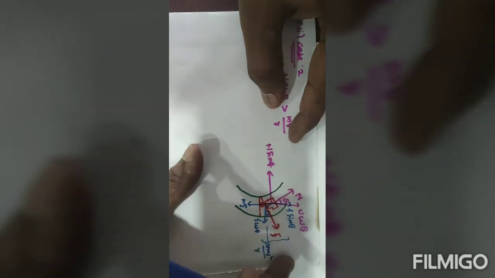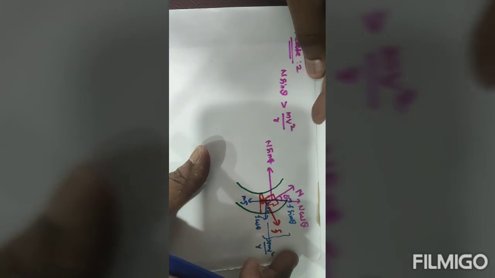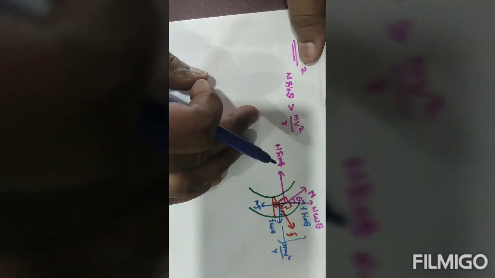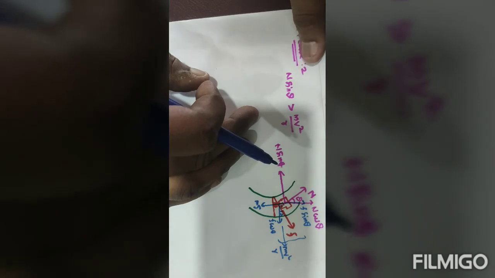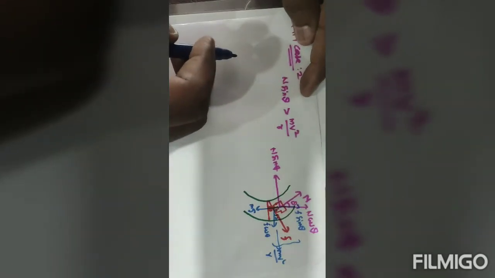So be careful with this diagram. Now let's see the derivation. In this derivation, let's introduce equations number 1 and 2 with the help of this diagram. So first I can write n sin theta. Where is n sin theta? Here.